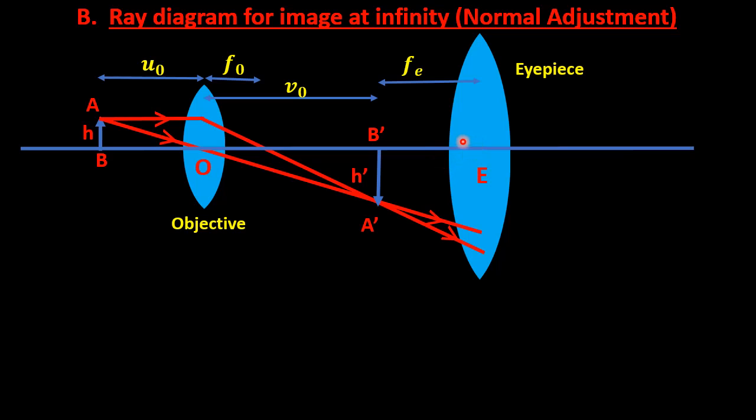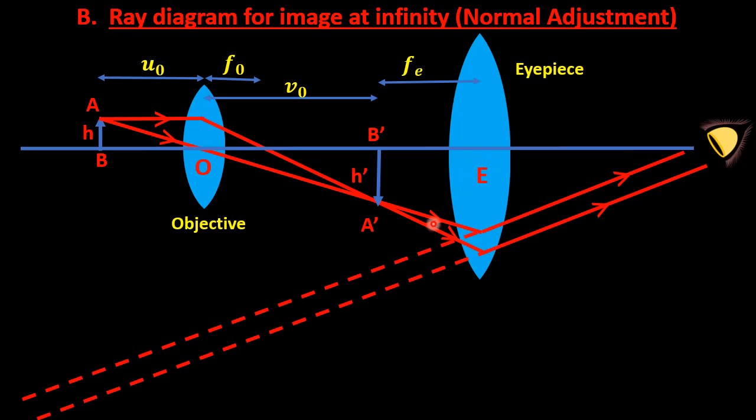So here the object distance for the eyepiece and the focal length of the eyepiece are the same. Then these rays will be collected by the eyepiece, and when we produce them backward, the image will be formed at infinity since these two rays are parallel to each other. In this way, the compound microscope also forms a highly magnified image at infinity for the object AB.